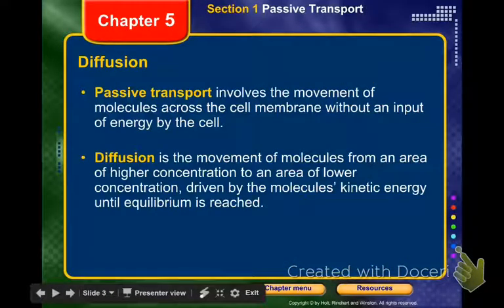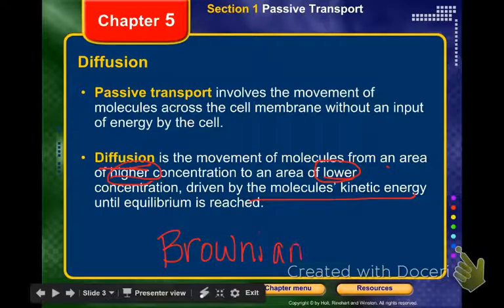So, diffusion is a specific type of passive transport from high concentration to low concentration. They talk about it being driven by the molecule's kinetic energy. Remember, we looked at something called Brownian movement. There is natural vibrational energy that molecules have.